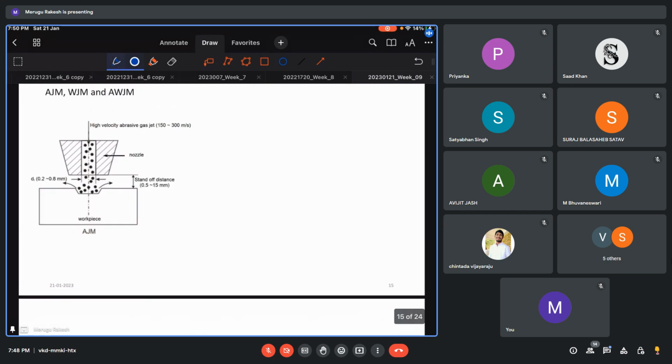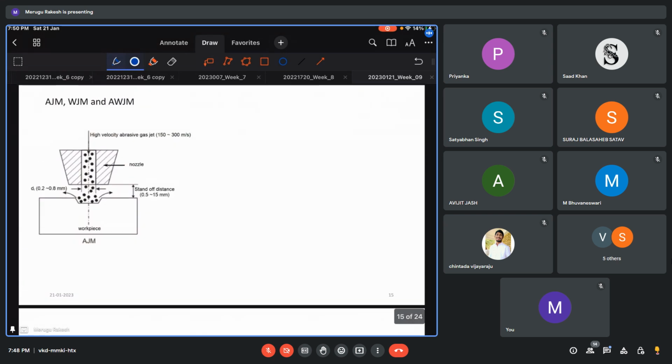So let me discuss abrasive jet machining, all these three. The medium in abrasive jet machining will be air and abrasive particles. Water jet machining uses only water, and this is the combination of these two, so we mix air and water together. In abrasive jet machining, we are using abrasive particles, so there will be a brittle failure of the workpiece. In water jet machining, there will be micro cutting or erosion, you can say.